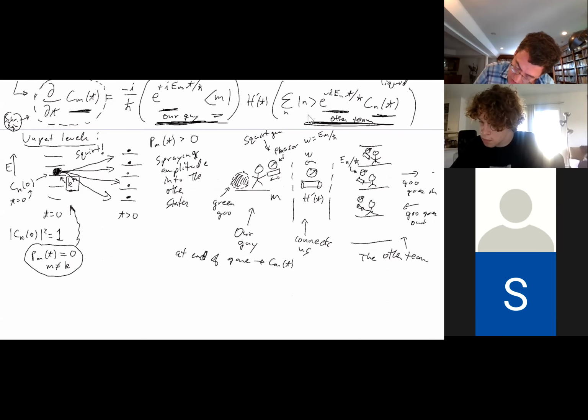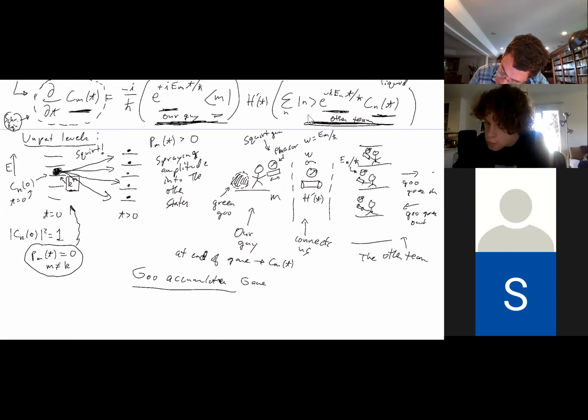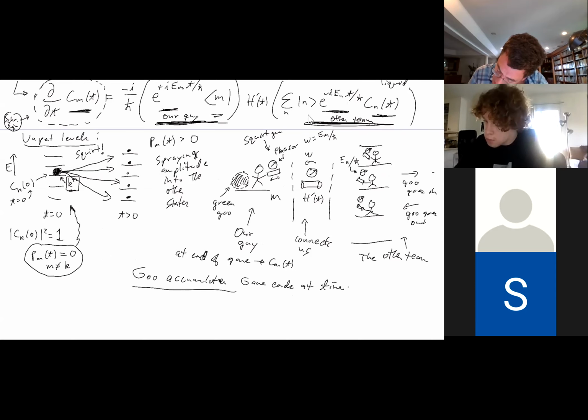So the goo accumulates, and at the end of the game, at time equals t, how much goo did our guy win? He gets this much.